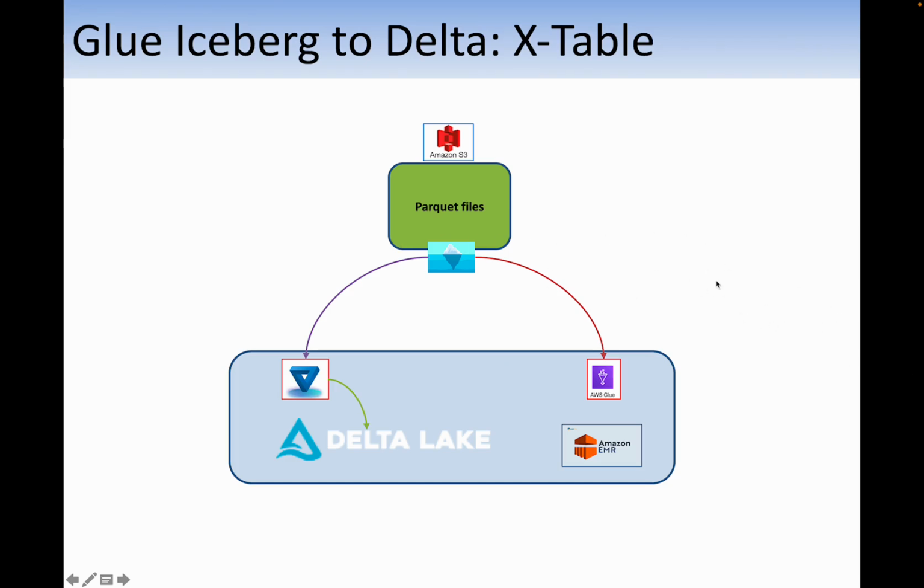Any other engine can read your Iceberg table. So this is how XTable works, definitely a great tool. I encourage you guys to explore it. One table format can be converted into any other table formats like Hudi or Delta, and then any engine.